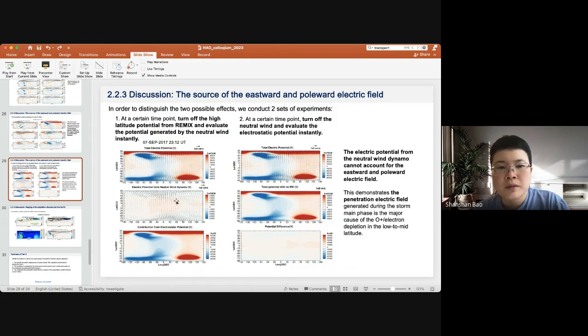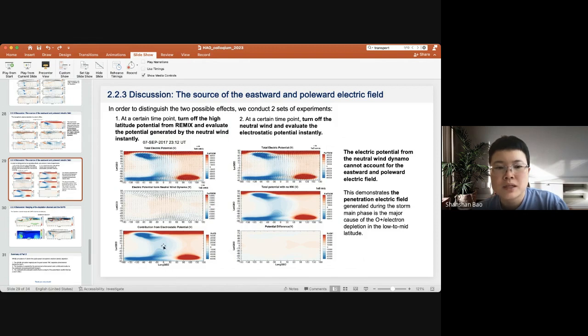So when the system has evolved to some state, if you suddenly turn off the high latitude input, this neutral wind dynamo effect remains, because neutral wind cannot suddenly disappear. So it will leave its contribution in the TiGCM potential.